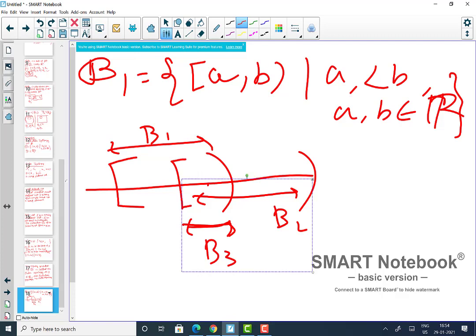So B3 is also a basis element, and B1 also forms a basis for some topology.